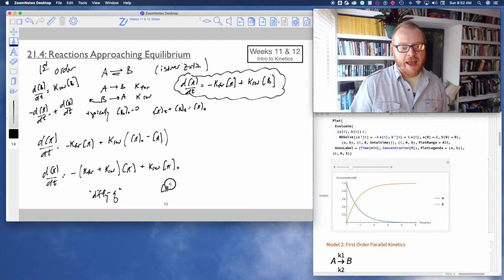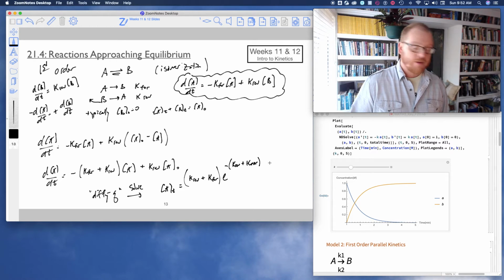Okay, so A at time t equals K reverse plus K forward times e to the negative K reverse plus K forward t.